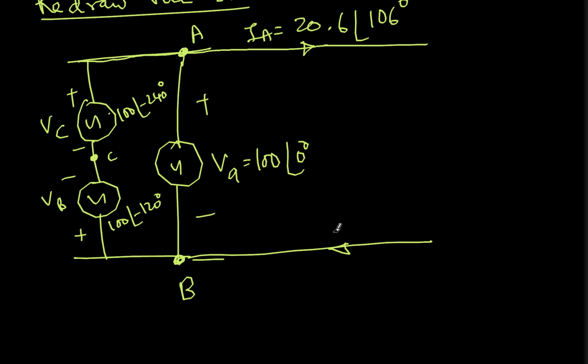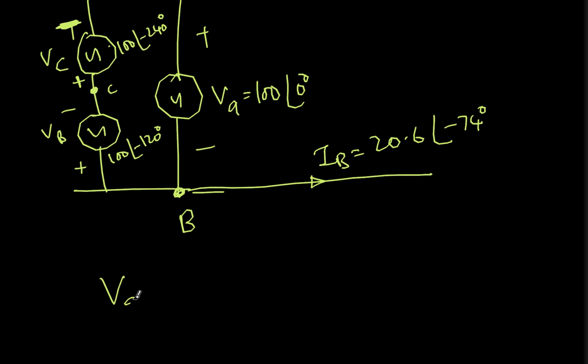The current which is coming back will be exactly the same, but in the opposite direction. Now you notice that if I add VB and VC and then reverse it, I'm sorry, this should be plus and this should be minus, these two voltages are exactly the same. So what happens is that they end up sharing the same current. In other words, VA is nothing but minus of VB plus VC.